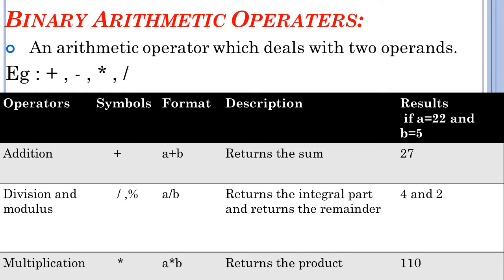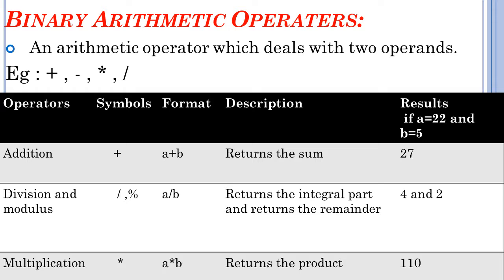Second one is division and modulus. Division means the divided value, the integral part it will display. If the value is 32.55 it will display 32, like that. Next, what is the modulus? The modulus symbol is percentage. What is the use of this modulus? If you use this modulus it will return the remainder.